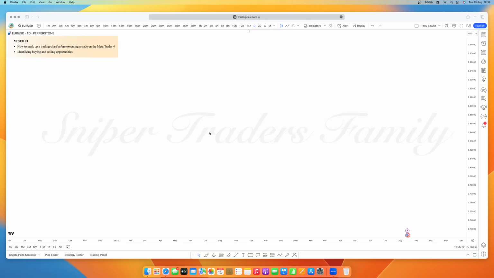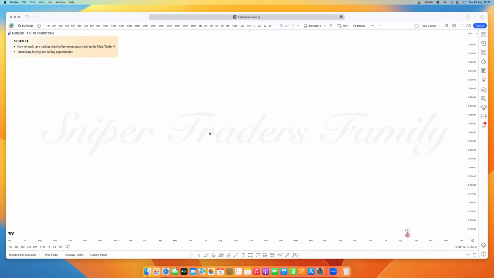So now, how do you mark up a trading chart? I'm looking at a particular asset, any asset. You just open up the TradingView website and you check a particular currency pair.